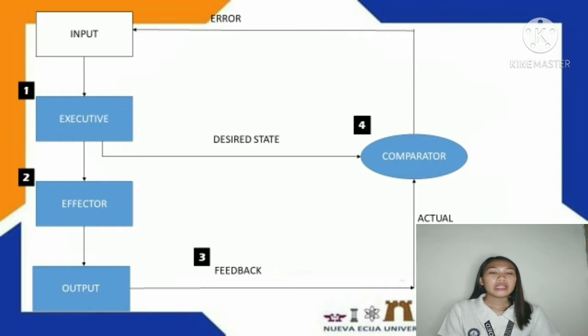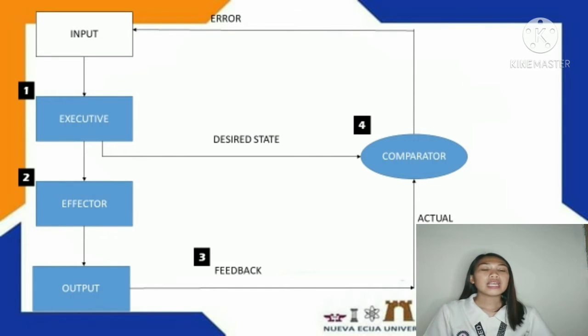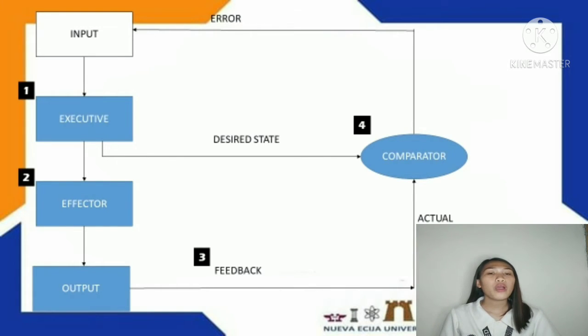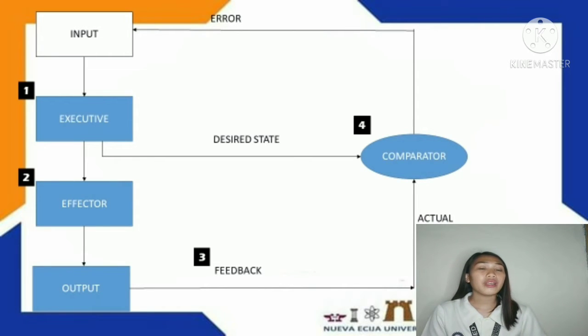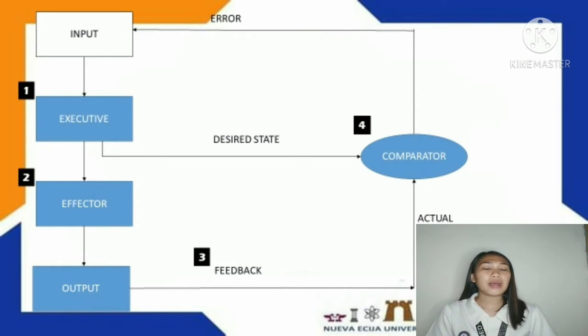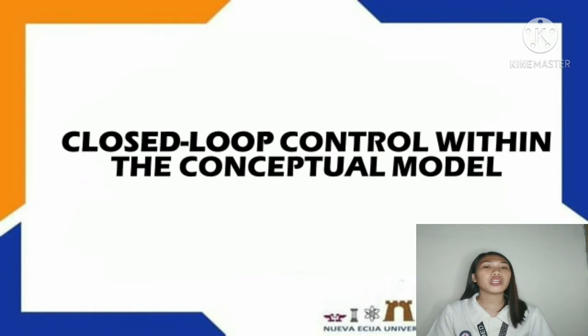So, at that point, if the comparator sends zero error, it relays information to the executive, forwarded to effector to turn off. The process continues infinitely as the system attempts to maintain the temperature near the desired state.